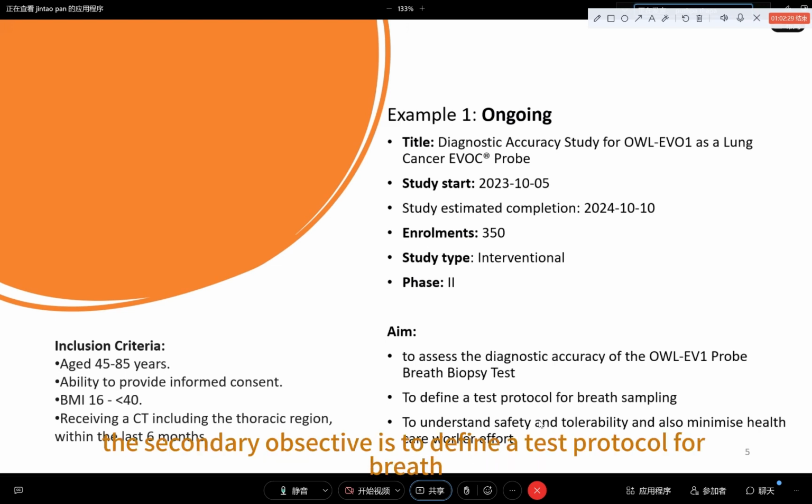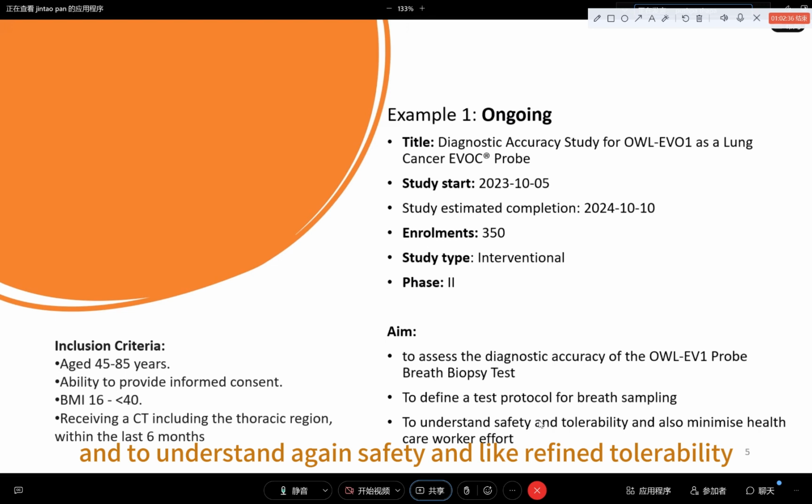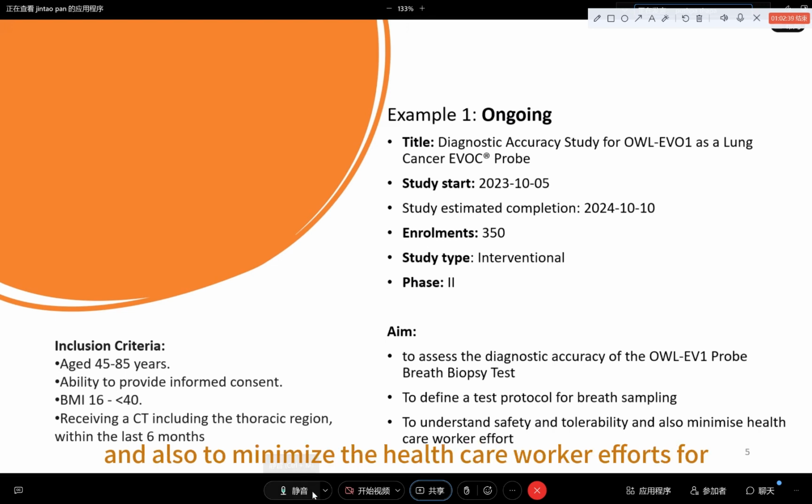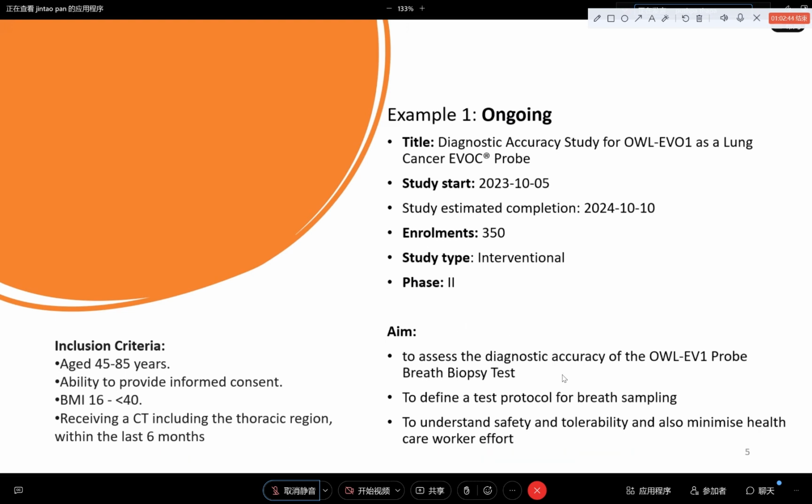Their secondary objective is to define a test protocol for breath sampling, to understand safety again, refine tolerability, and also to minimize the healthcare worker effort.